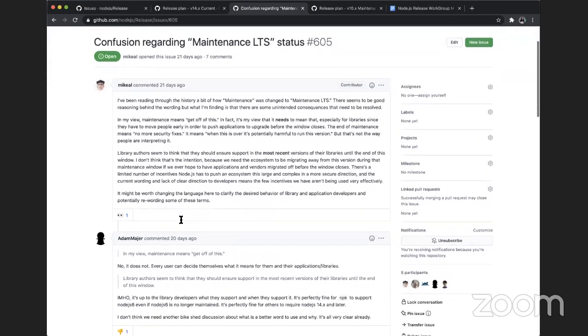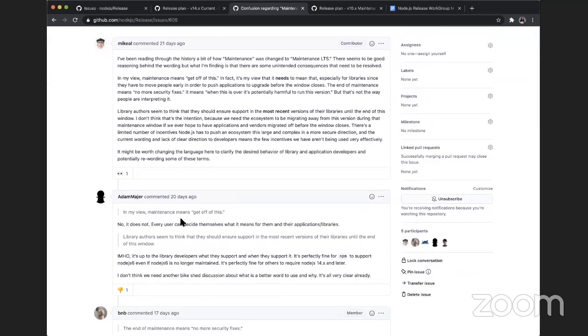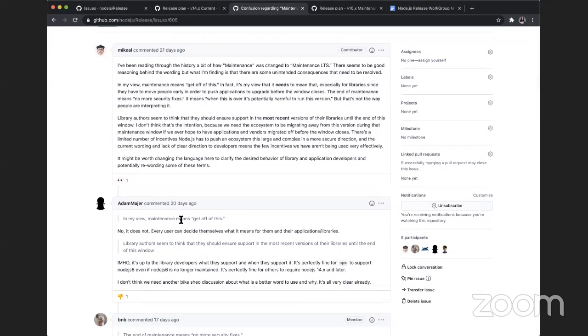Which is about the fact that a lot of library authors try to still support the maintenance releases until they are end of life, and that can be a problem because they will never use the new features until they are available in all Node.js versions.